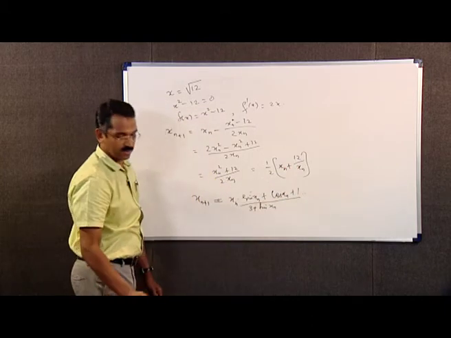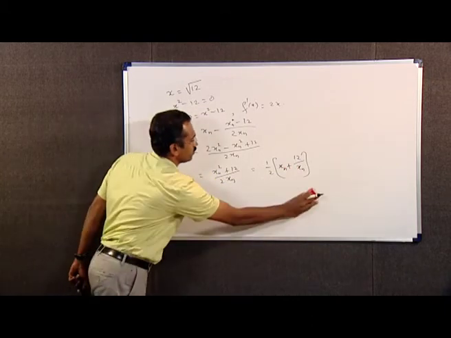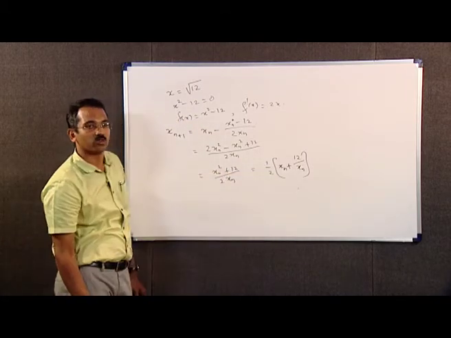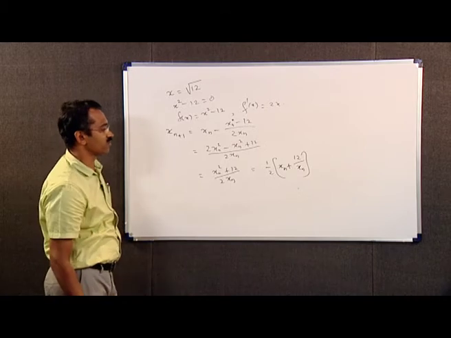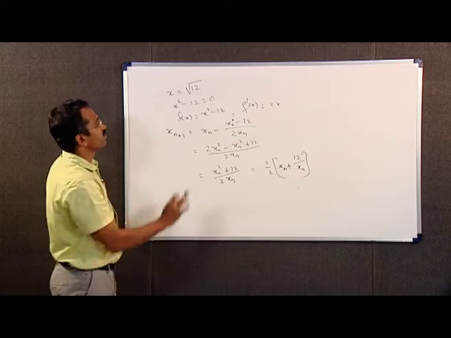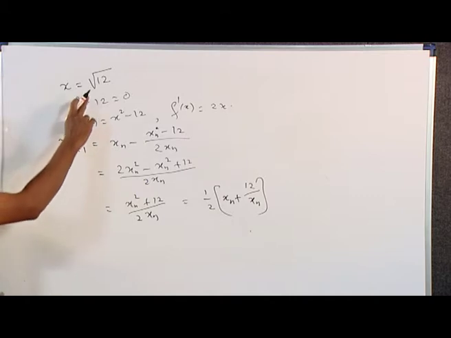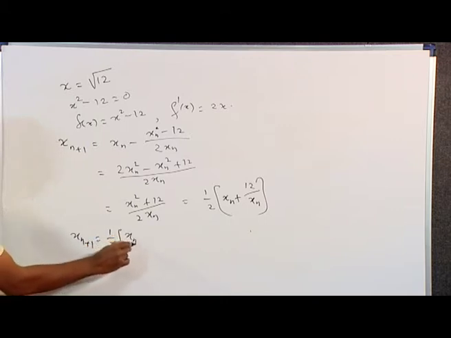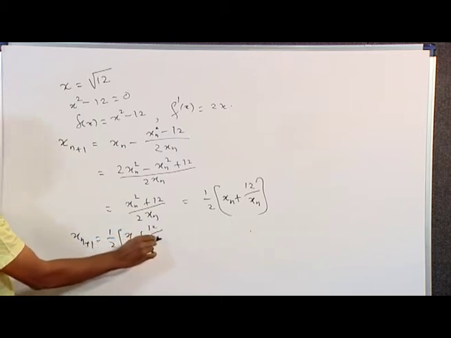That is x n plus 1 is equal to 1 by 2 into x n plus 12 by x n, which is the iterative formula in this problem, that is to find root of 12.